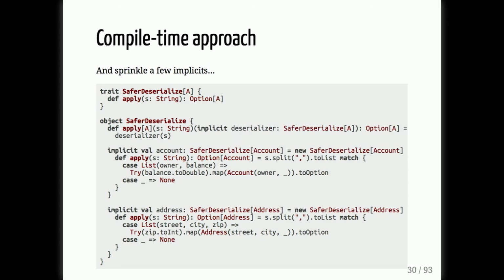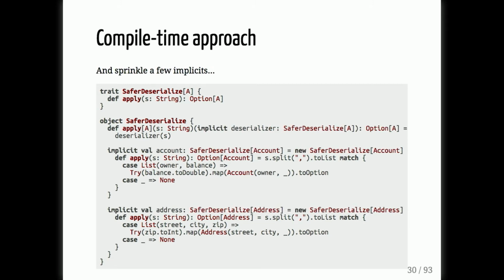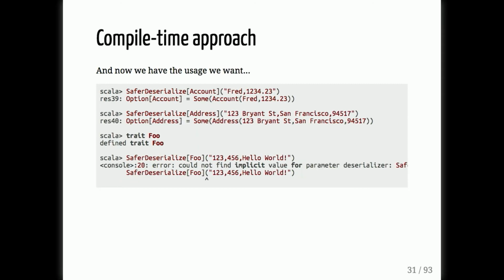Implicit, not implicit. That's the only difference. And now we get the usage that we want. We get the deserializer like that, and we can't compile when we haven't defined a serializer or a deserializer. And we get it at compile time. And now we've discovered type classes.